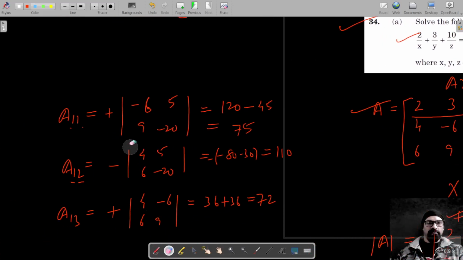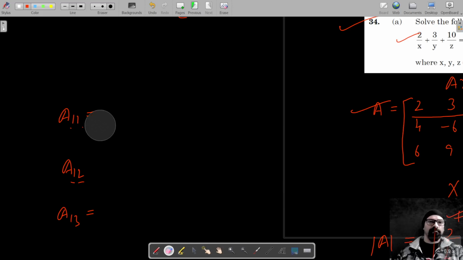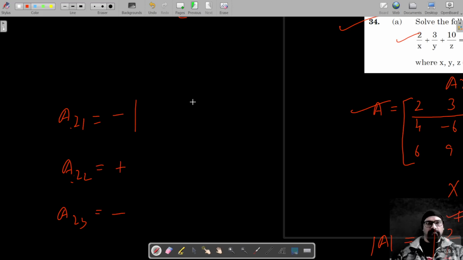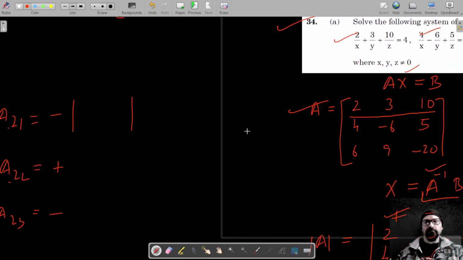Similarly, let's find out for 2,1, 2,2, and 2,3. So 2 plus 1 is 3, negative. This is positive and this is negative. Removing the row and the column for 2,1, this is 3, 10, 9, negative 20. It's 2, 10, 6, negative 20.